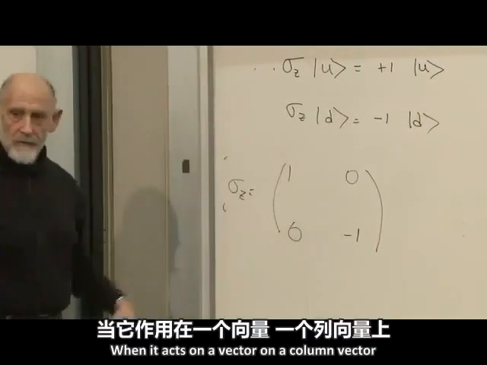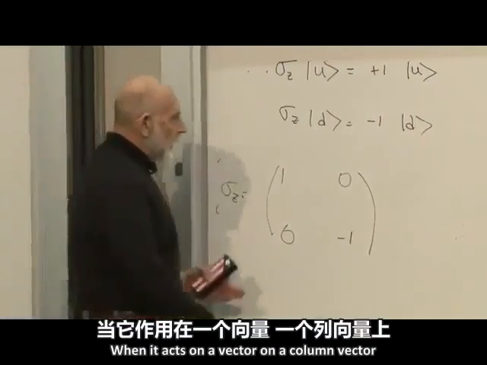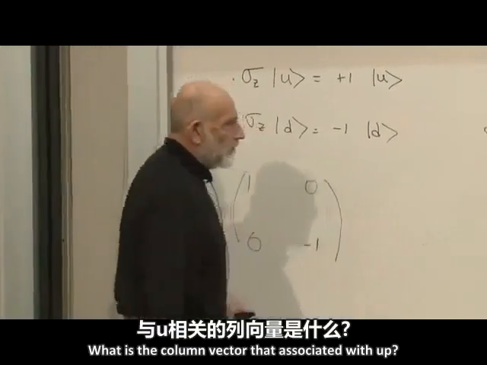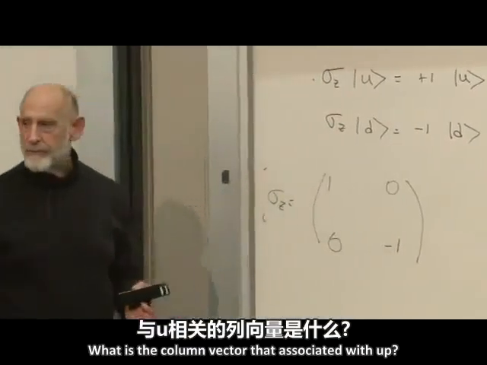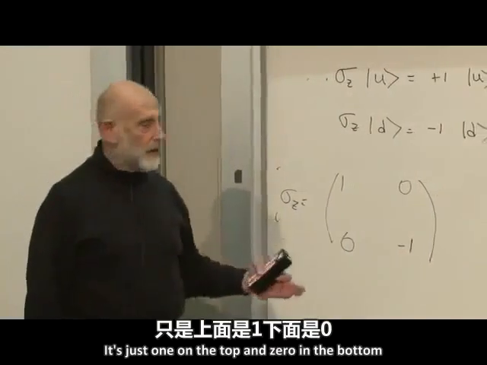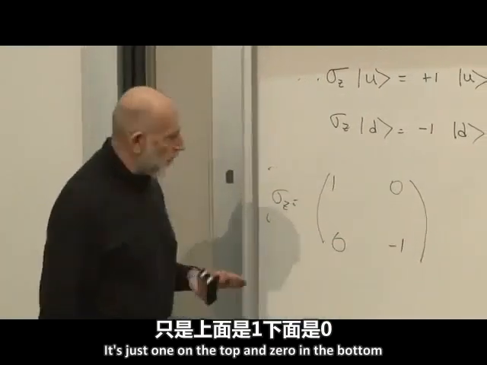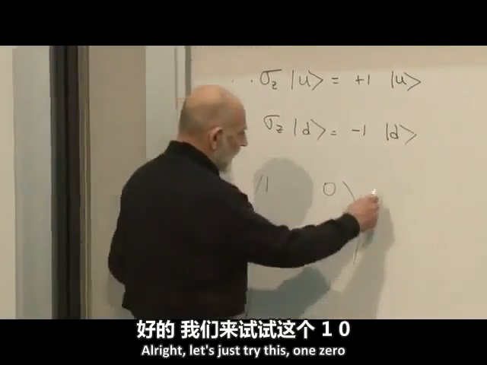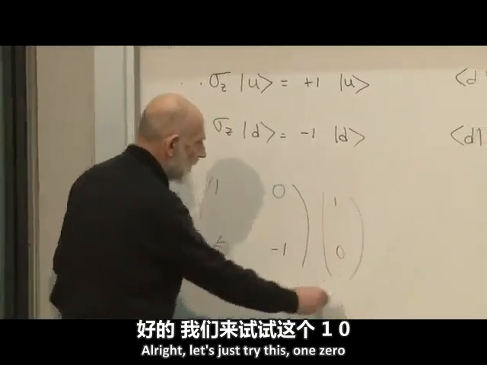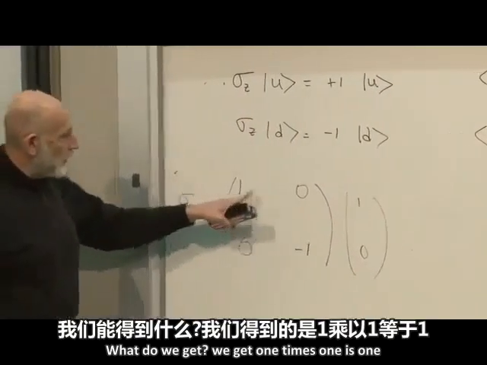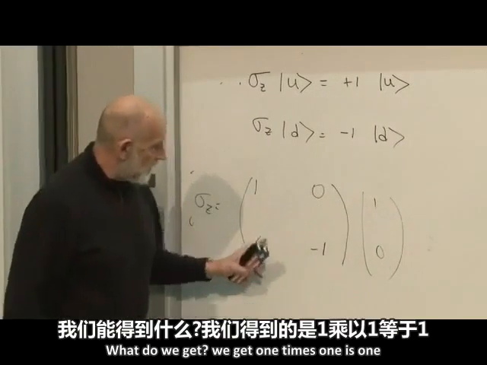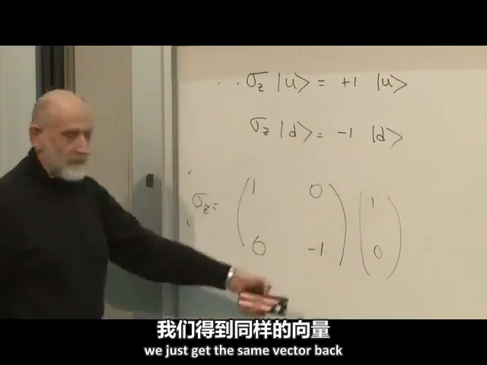When it acts on a column vector, what is the column vector associated with up? It's just a 1 on top and a 0 on the bottom. All right, so let's just try this: 1, 0. What do we get? 1 times 1 is 1, 0 times 0 is 0. We just get the same vector back.